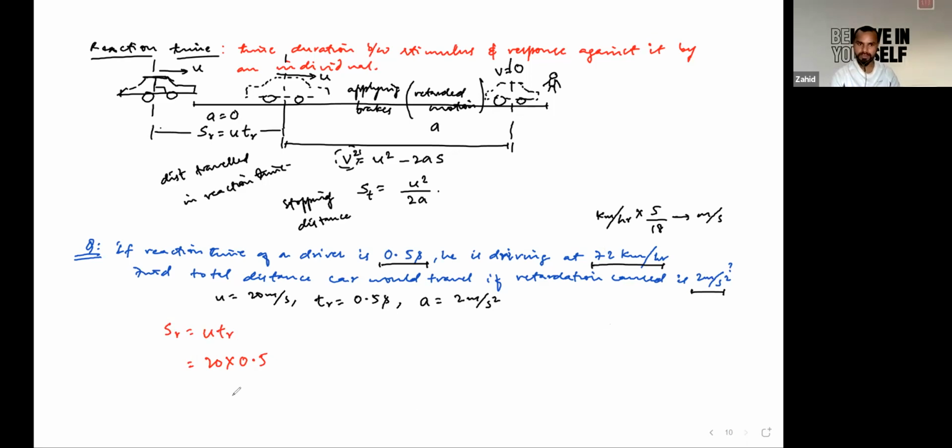On multiplying, you will get 10 meters as the distance traveled in the reaction time. Similarly, if you put all these values for the stopping distance, you get U squared over 2 times A. U is 20, so it will be 20 into 20, divided by 2 times A, which is also 2. So on solving, you will get 100 meters.